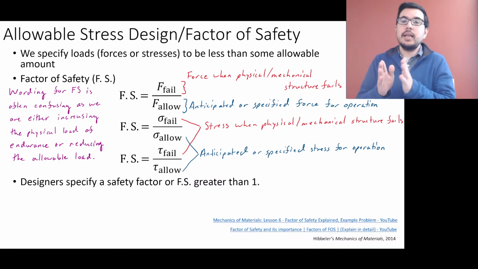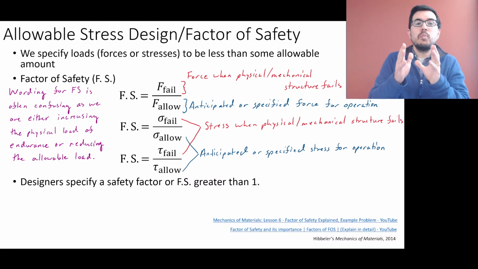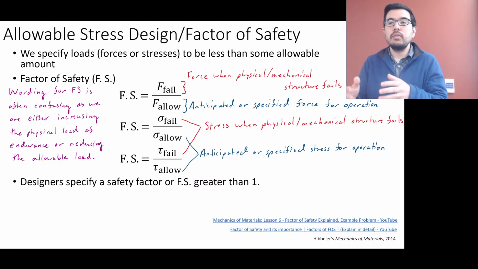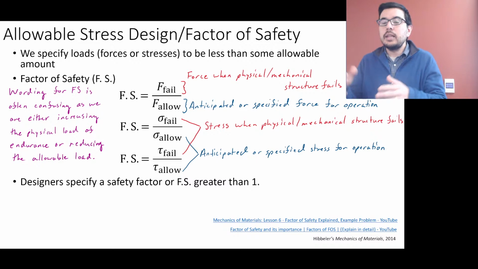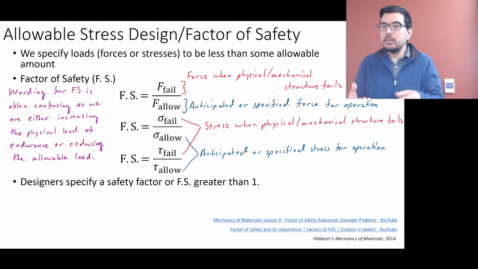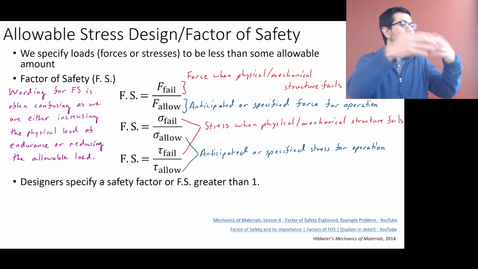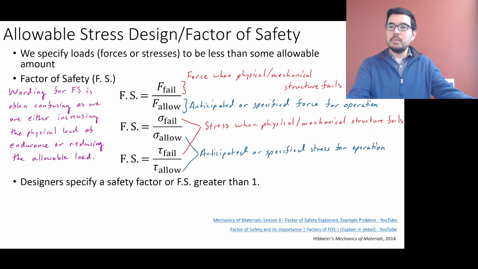If they say this bar is designed with a safety factor of 2, and the yield strength of the material in that bar is 100 megapascals, what is the maximum allowable? Yeah, 50 megapascals, right?